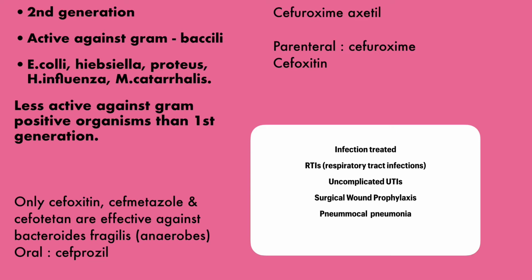So the drugs in the second generation: oral are cefprozil and cefuroxime axetil, and parenteral are cefuroxime and cefoxitin. The indications are respiratory tract infections, uncomplicated UTIs, surgical wound prophylaxis and pneumococcal pneumonia.